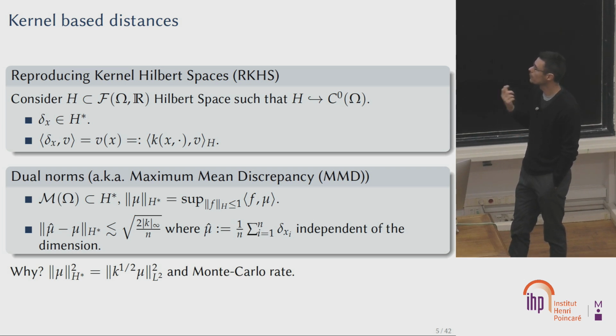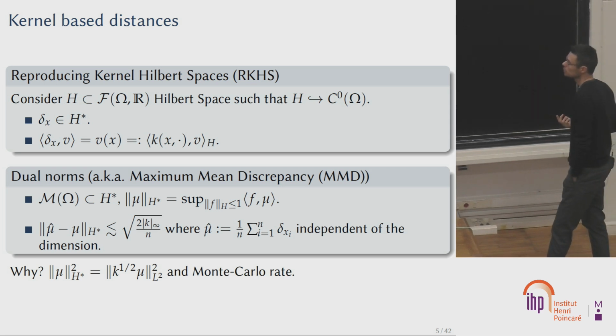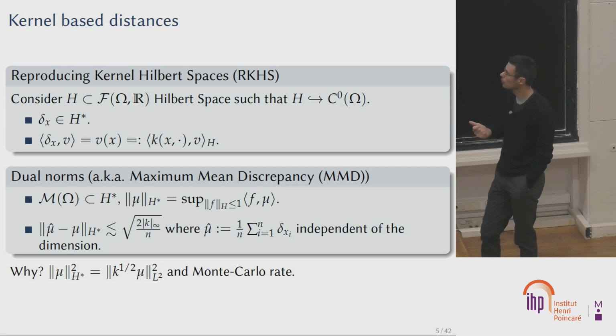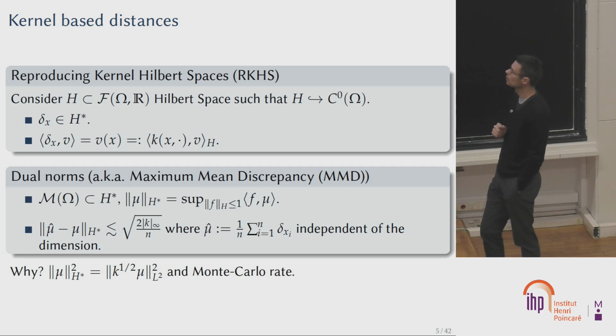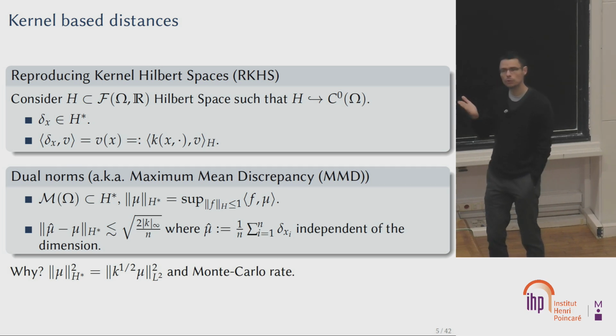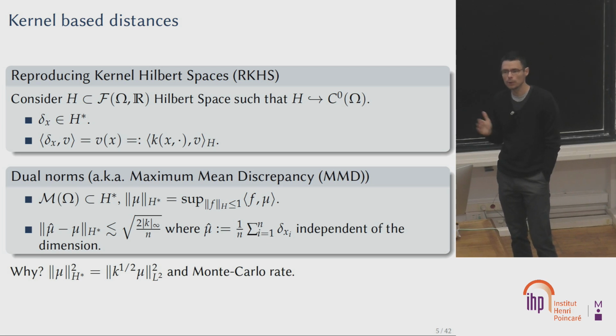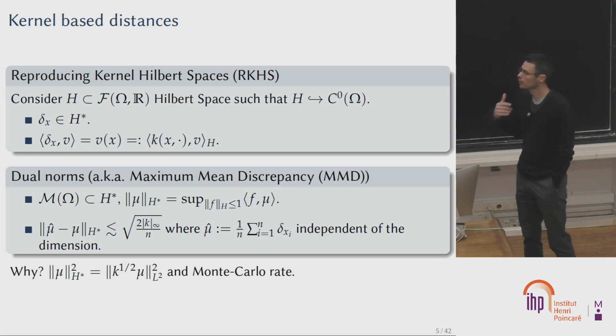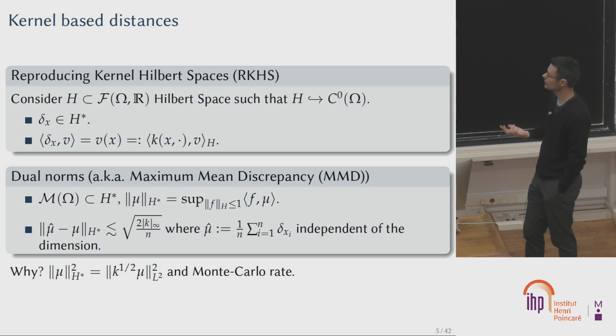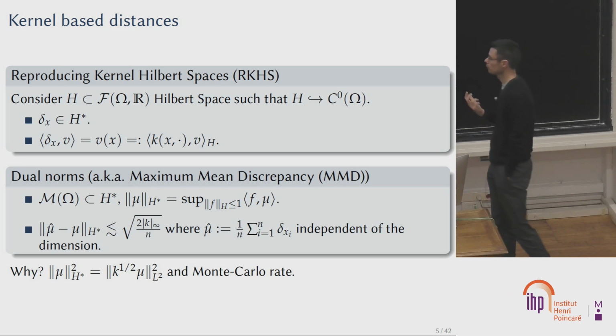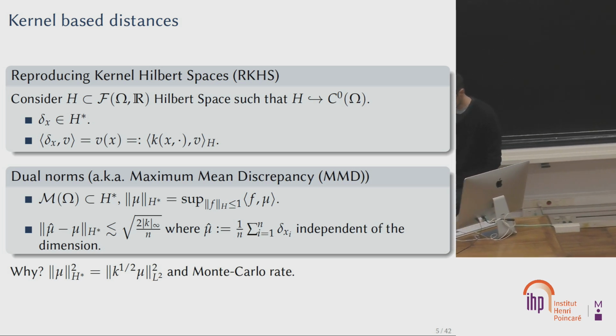And so now you can measure the norm of a probability measure just by saying that they are in the dual space of your Hilbert space. Okay?